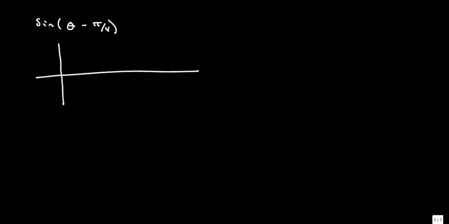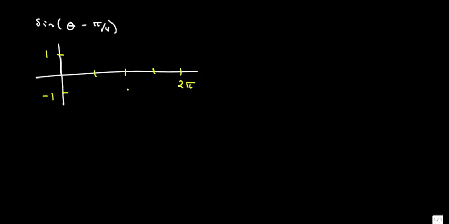Problem 22 asks us to graph the sine of theta minus pi over 4, and we need to graph that on an appropriate interval. So I'm going to graph out what sine is first. The sine curve, I'll do it in yellow here. Sine goes between negative 1 and 1.